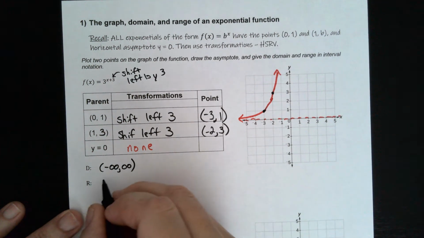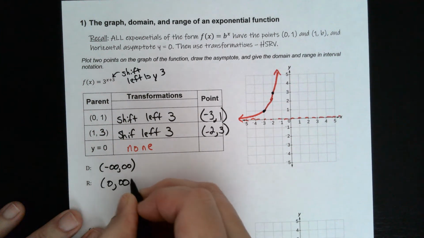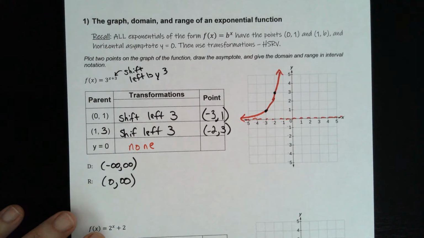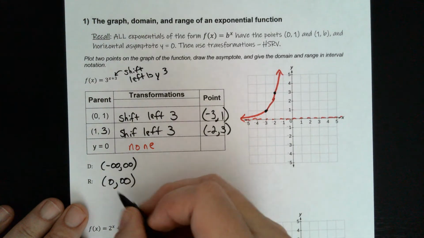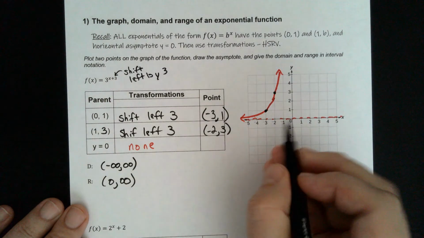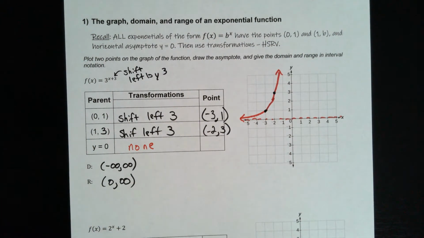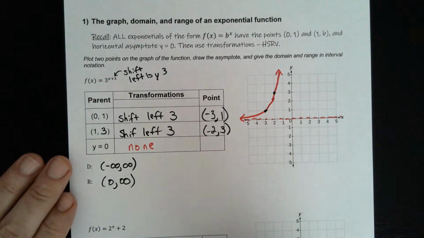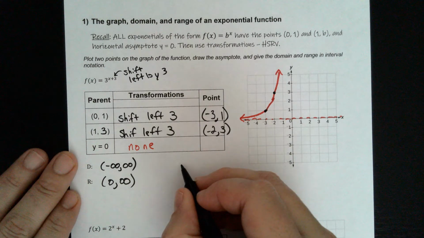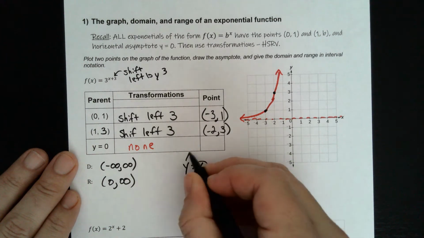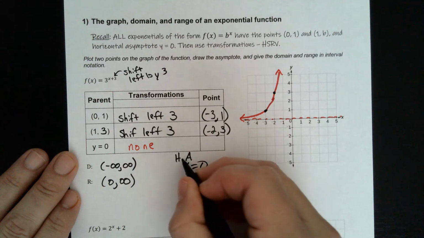So the range is 0 to infinity. I'll put parentheses on all of those because infinity always gets parentheses. And 0 starts because there's an asymptote there, so it's going to be above 0. You're never going to go below that axis. And our horizontal asymptote is still y equals 0.